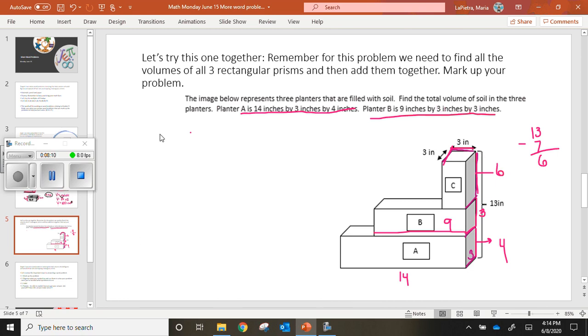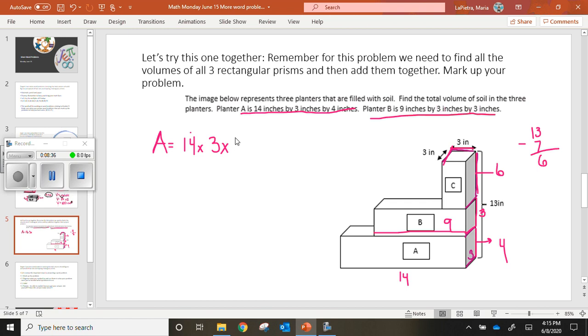Okay, so let's look at A. A is going to equal 14 times 3 times 4. Well, let's do that in the right order. I'd like it to stay in the right order. Length times your width is 3 and your height is 4.